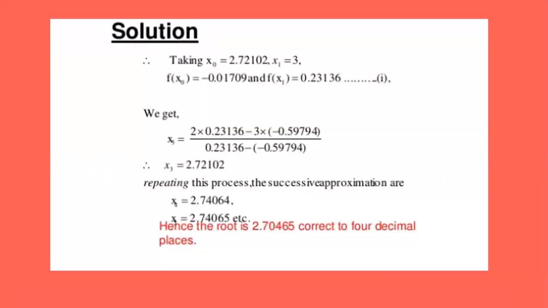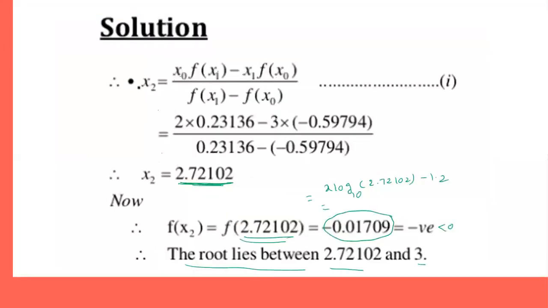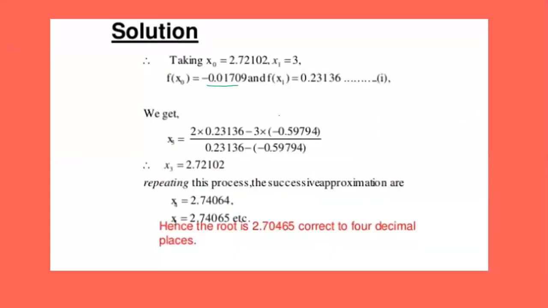And what is the f of x0 value? Minus 0.01709. And your f of 3 value is 0.23136. So your x0 value is 2.72102 and x1 is replaced with 3.